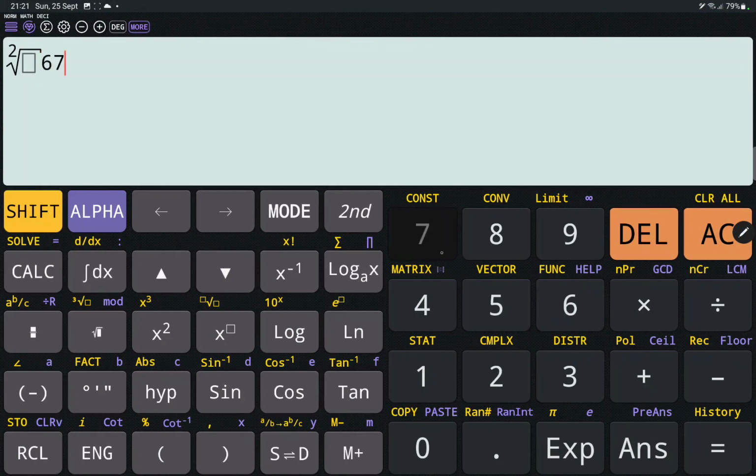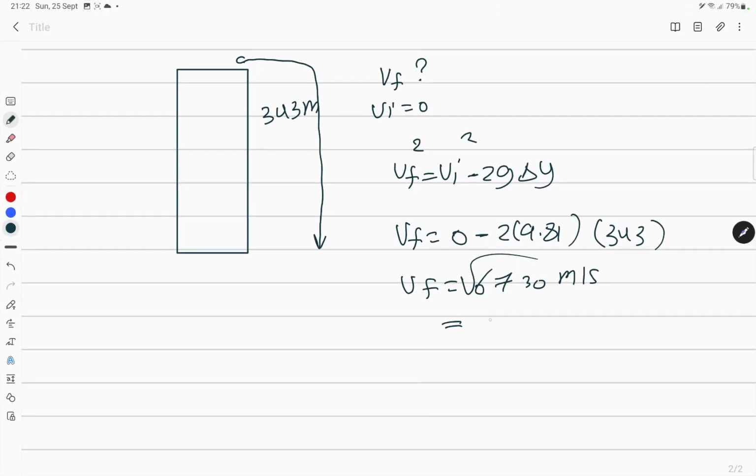Okay, 6730. This is 2. Come on. 6730, and that's 82. Yes, of course. That's the answer. That's going to be 82 meters per second.